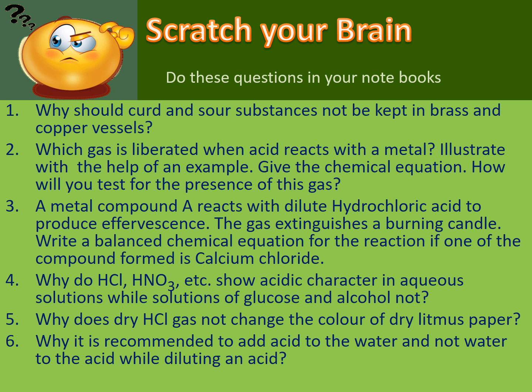Because curd and sour substances always contain acid, and as you have seen, the acids react with the metal, brass and copper. Brass also is an alloy of copper and zinc, and copper. So all of them contain metals. So whenever the acid reacts with metals, they form some toxic substances. So that's why we should never store the sour substances in the metallic vessels.